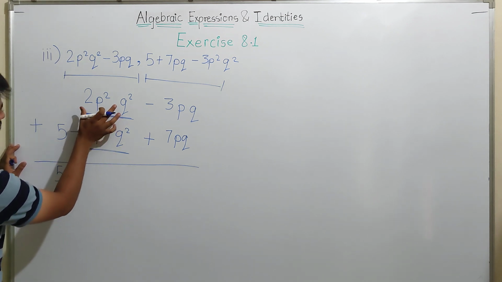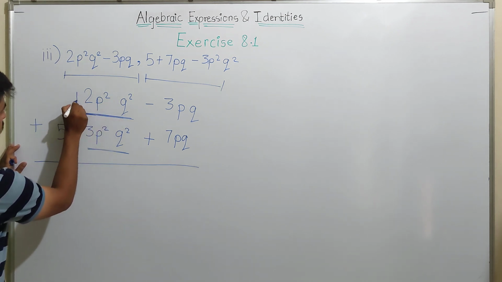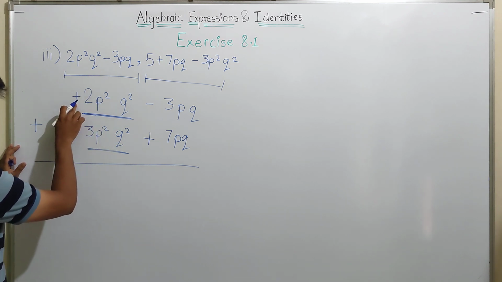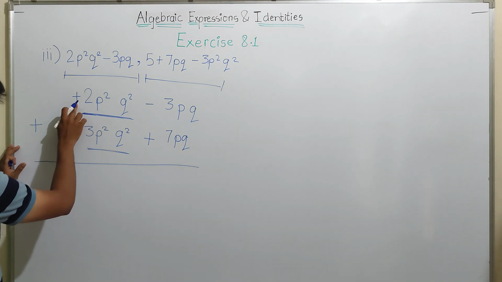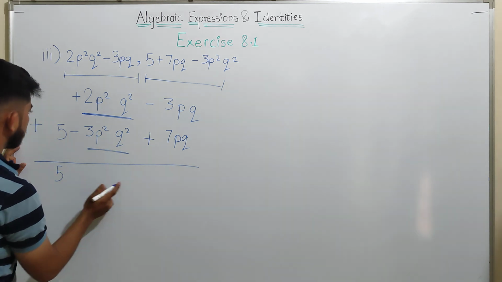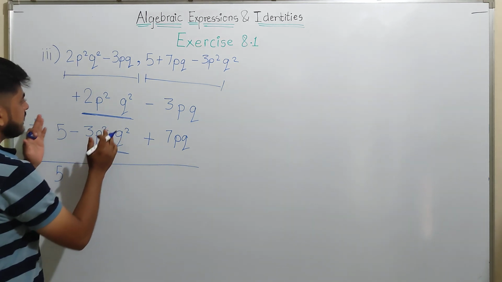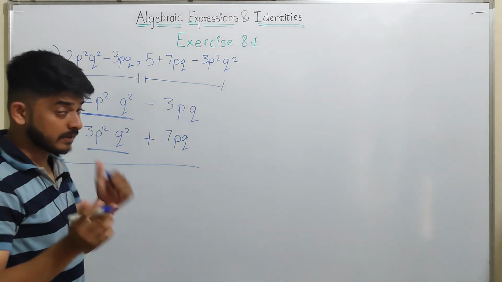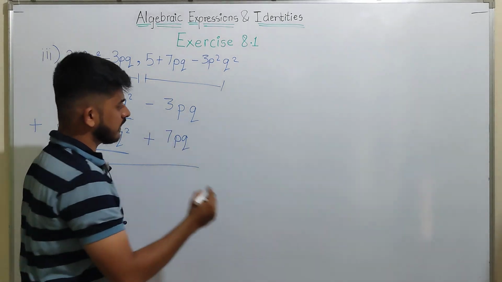Okay, 5. Now plus 2p²q². If there is no symbol over here, consider it by default as a plus symbol. So plus 2p²q² minus 3p²q². So consider p²q² as x, for simplicity while solving.